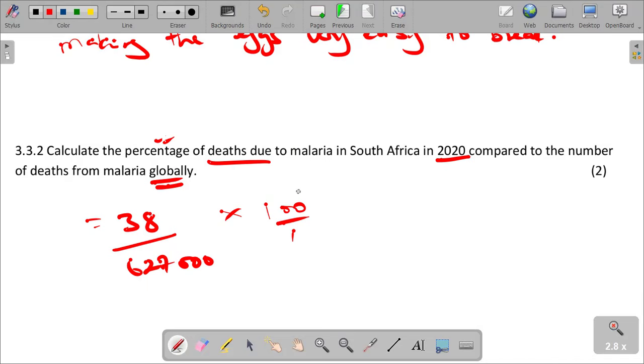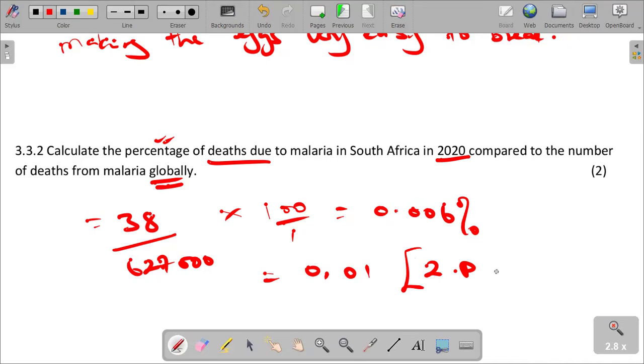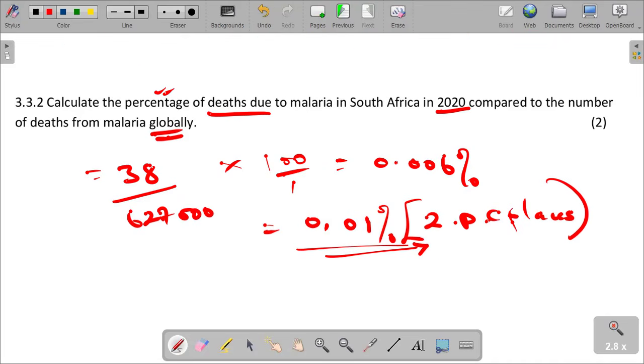That gives us 0.006%, which we can give to two decimal places as 0.01%. 0.01% to two decimal places.